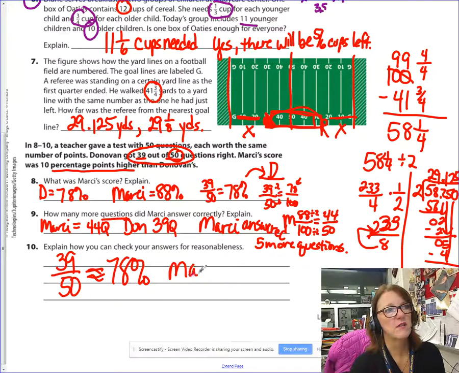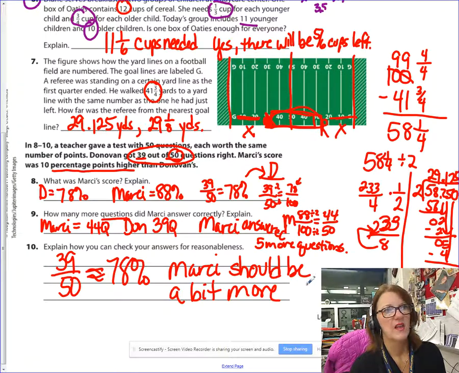Marcy should be a little bit higher because she got more questions right. Should be a bit more at 88%, and it should be about the same relationship with the questions. Okay, I'll talk to you more personally about the more detail on that one.